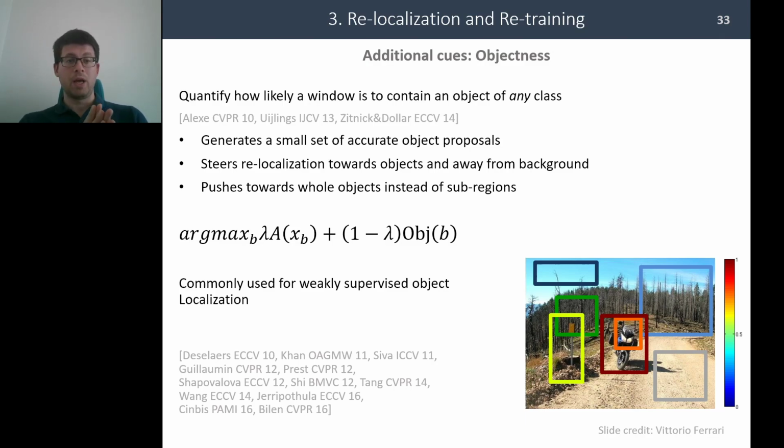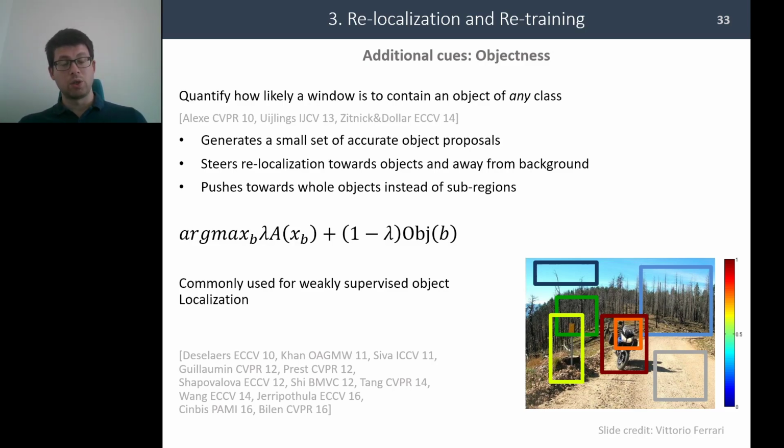Other, more successful works built on this one are selective search and edge boxes. Most of them use low-level image cues such as saliency, contrast, edge density, or superpixel straddling.